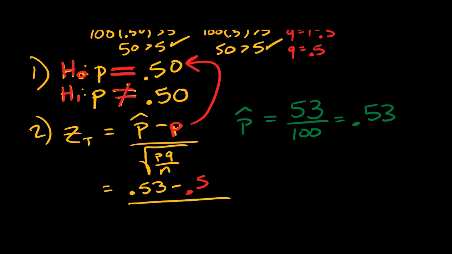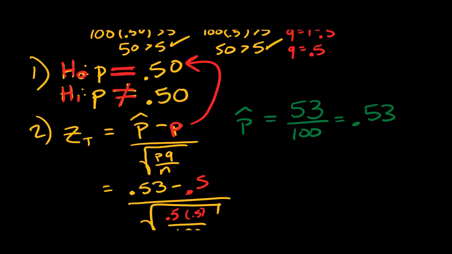Notice that in the denominator, this is P and Q. There's no hat on them. So again, we're getting it from the null hypothesis, 0.5. What's Q? 1 minus 0.5, which is also 0.5. And then what is N? N is our sample size, 100.